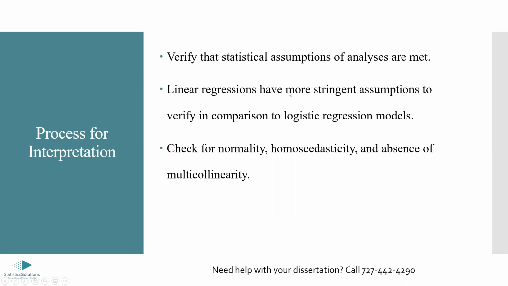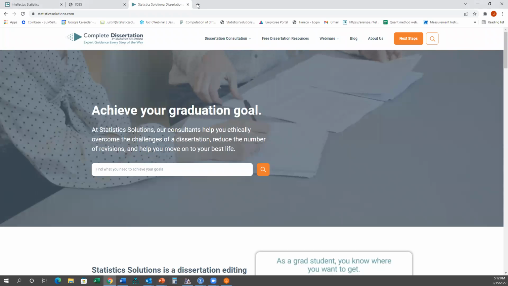Linear regressions are considered a parametric analysis, so they tend to have more stringent assumptions to check in comparison to logistic regression models. So you have to check things like normality, homoscedasticity, absence of multicollinearity.